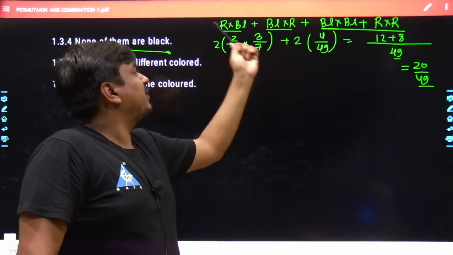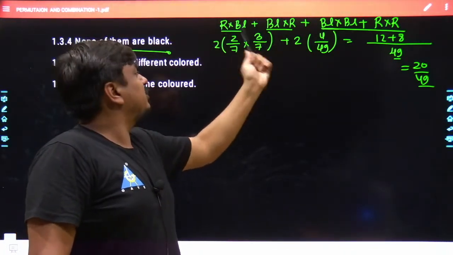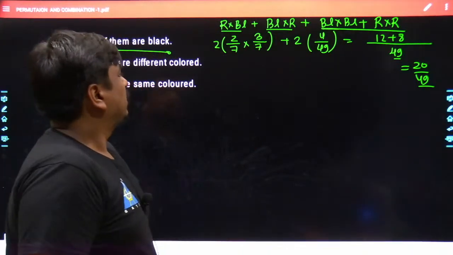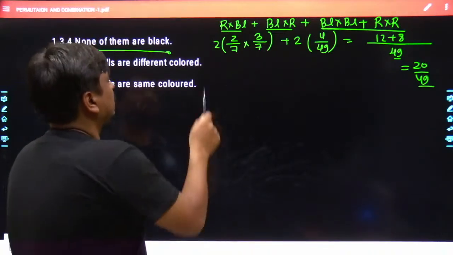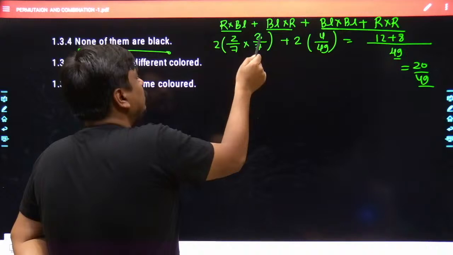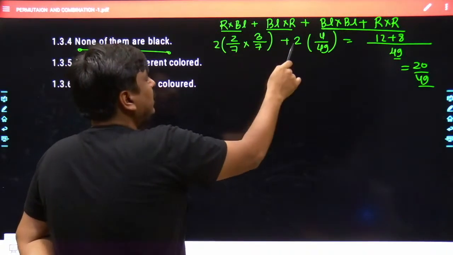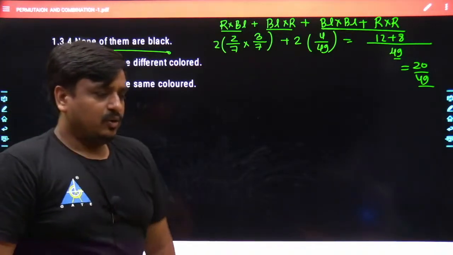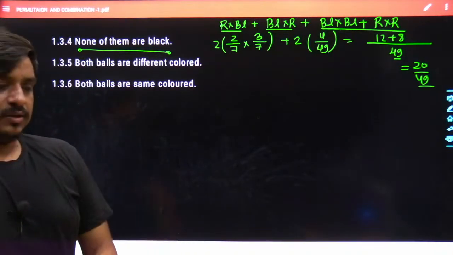You have to add their values together, although their answers would be the same. That's where the students make mistakes. So here the 2 would also get multiplied. So it becomes 2 into 2, that's a 4. 4 into 3, that's a 12. 12 plus 8, that's a 20. 20 divided by 49 probably.